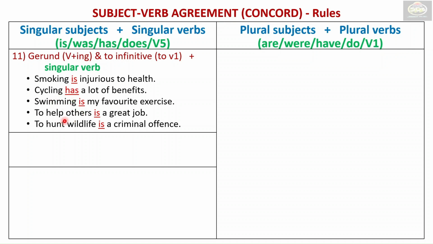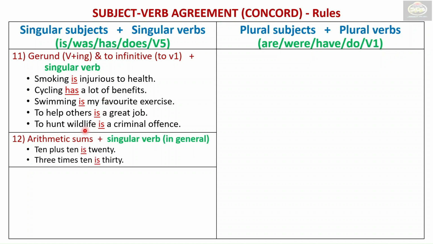To help others is. To hunt wildlife is a criminal offense. Gerund means verb-ing used as or working as a subject. To-infinitive, look here, to plus V1. If these types of subjects are there, they are regarded as singular subjects and we have to use a singular verb: is, was, has, does and V5 with such subjects.